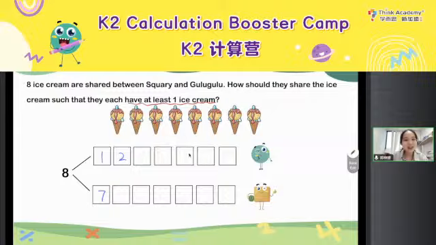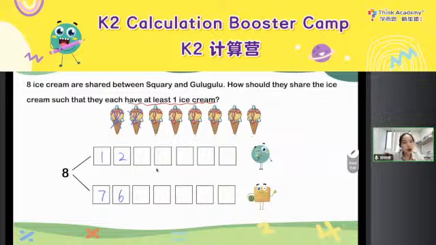Good job to you. So now we have crossed out 2 ice creams, which we count 1, 2, 3, 4, 5, 6. Oh, 6 ice creams for Squarey.